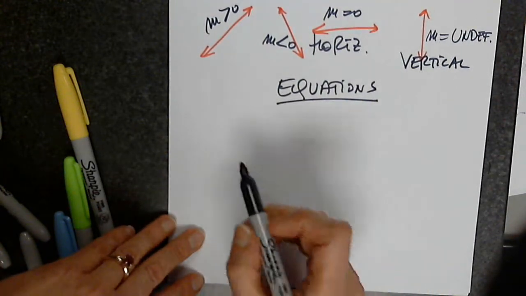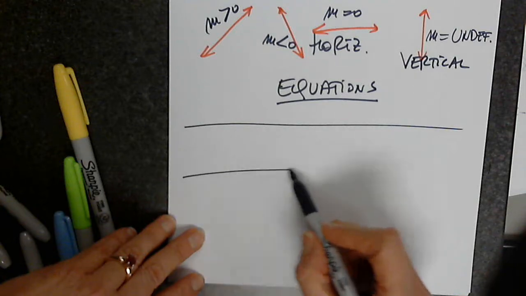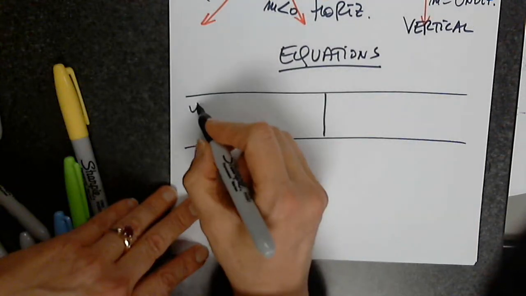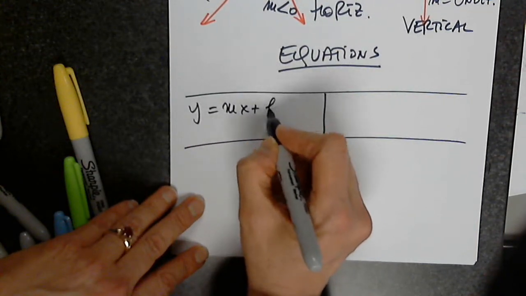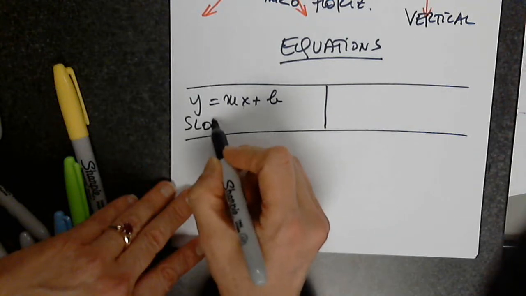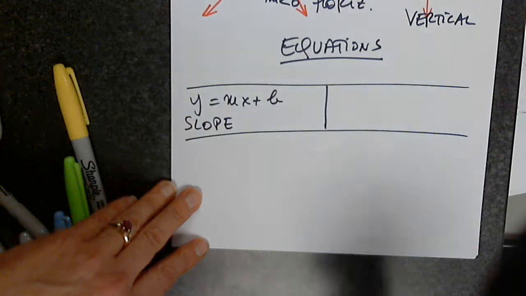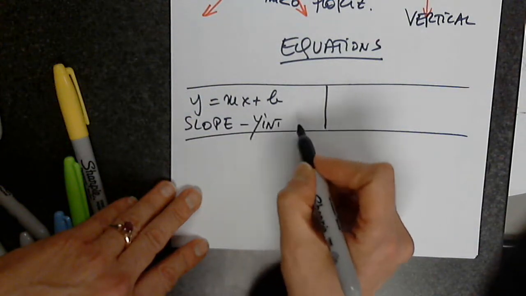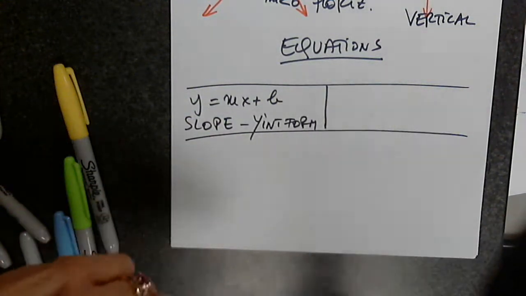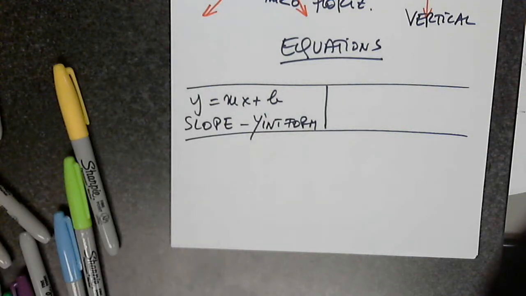There are 2 equations for lines. Anyone reminds us? Very good. Y equals mx plus b, which is the slope. So slope-intercept, but we really mean y-intercept. Slope y-intercept form. And can anyone give us the second one?